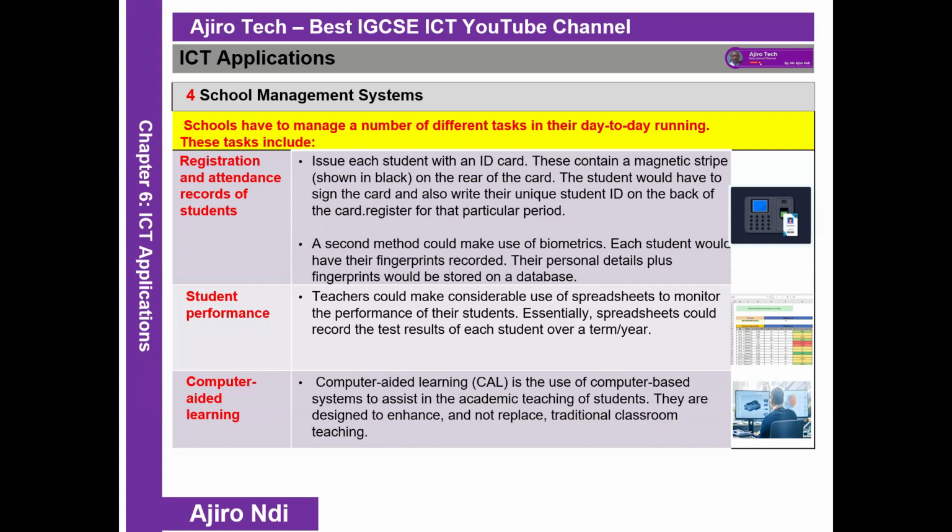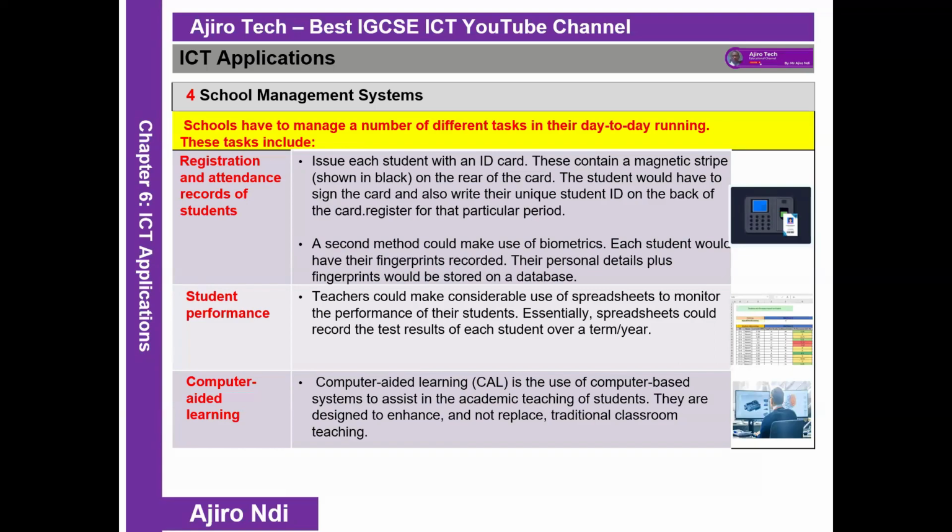Now, when we talk about attendance, back in the days, there was that traditional way of taking attendance of students. That simply means you use paper to take attendance, you call a student's name and they say present. That's an old way. It's just an old system.